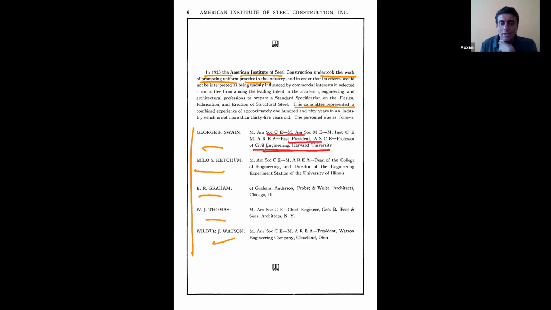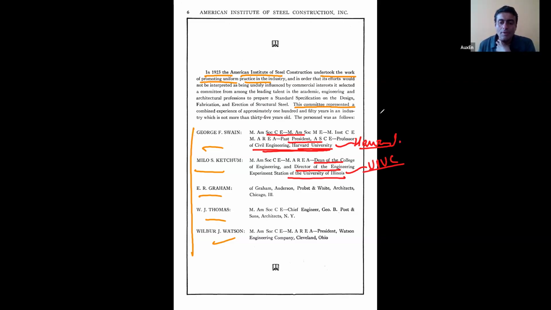Professor of Civil Engineering, Harvard University. This fellow is the Dean of College of Engineering and Director of Engineering at the University of Illinois at Urbana-Champaign, UIUC, as it is known. So you have one from Harvard, one from UIUC. The University of Illinois at Urbana-Champaign is one of the premier civil engineering institutes in America and in the world.